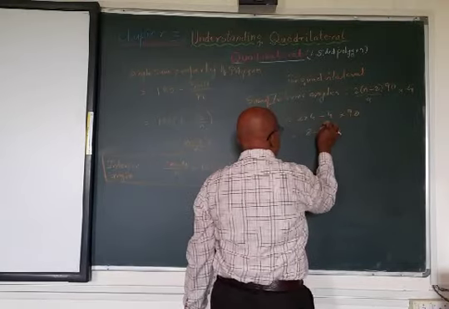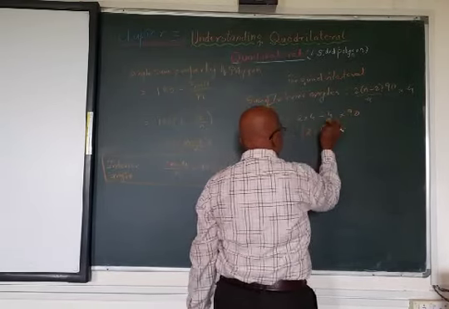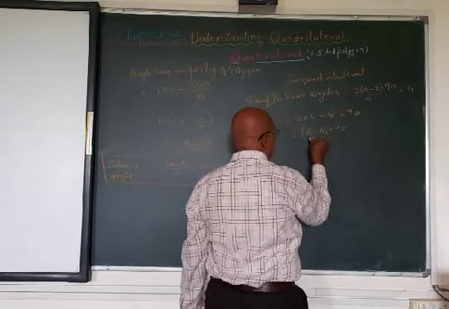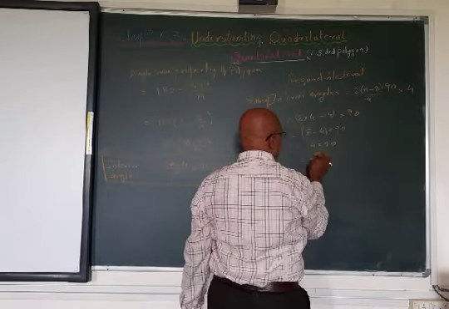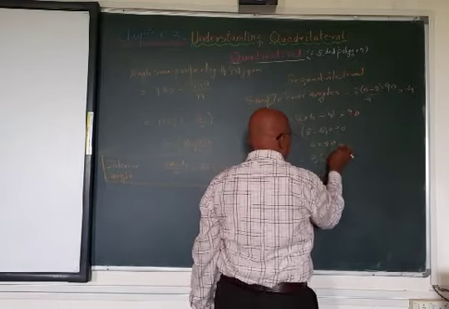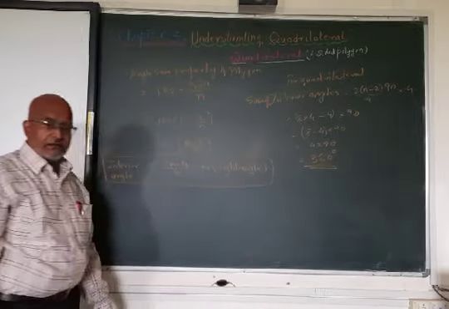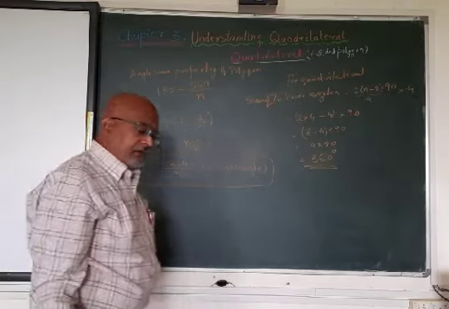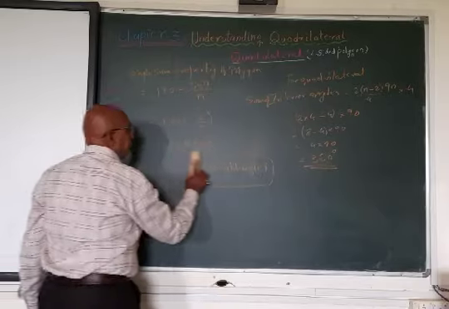So 8 minus 4 into 90 equal to 360. The sum of the interior angles of any quadrilateral is 360 degrees, whether it is a square or any type of quadrilateral.